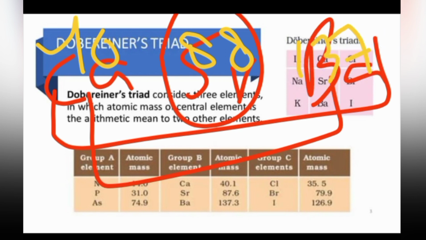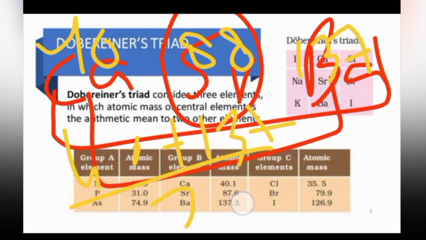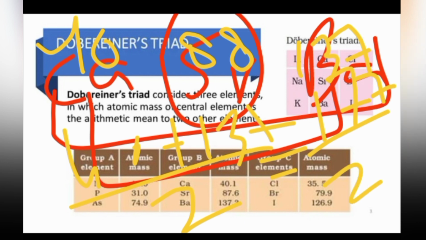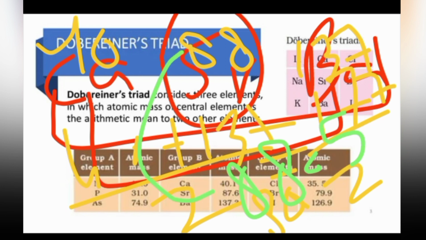Now, if we take the mean of the limiting elements of the triad, that is 40 plus 137 upon 2, that is 177 upon 2, which is nearly equal to 88.5. That is nearly equal to the atomic mass of the middle element, strontium, that is 88.